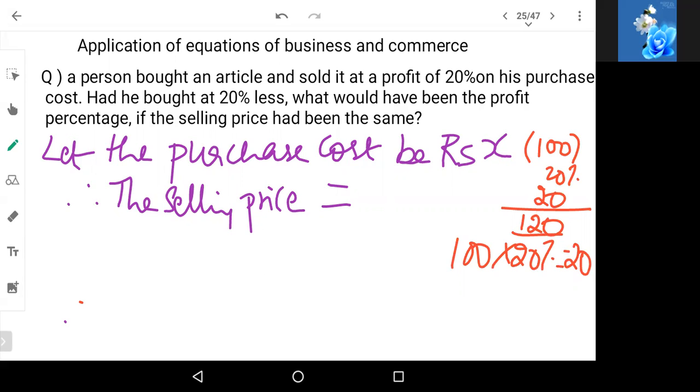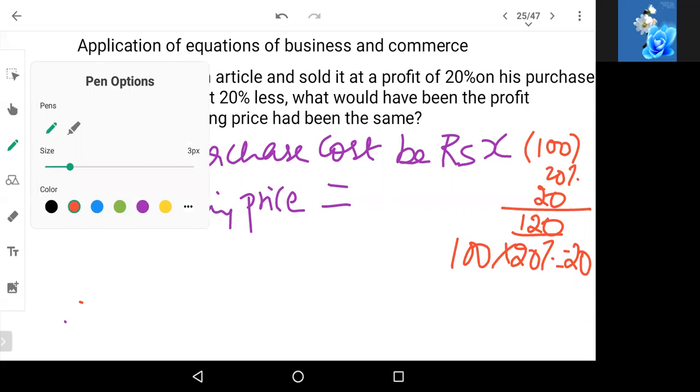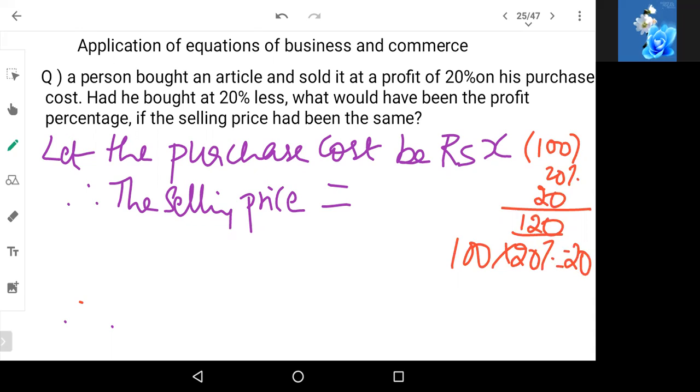Right? Now the same tactic is used in the variable also. So if the purchase cost was X rupees, on this I have to calculate 20% plus this 100. Or let's say X, we'll take it as X only so that you are not confused. So first I had X. On this I have to calculate 20%.